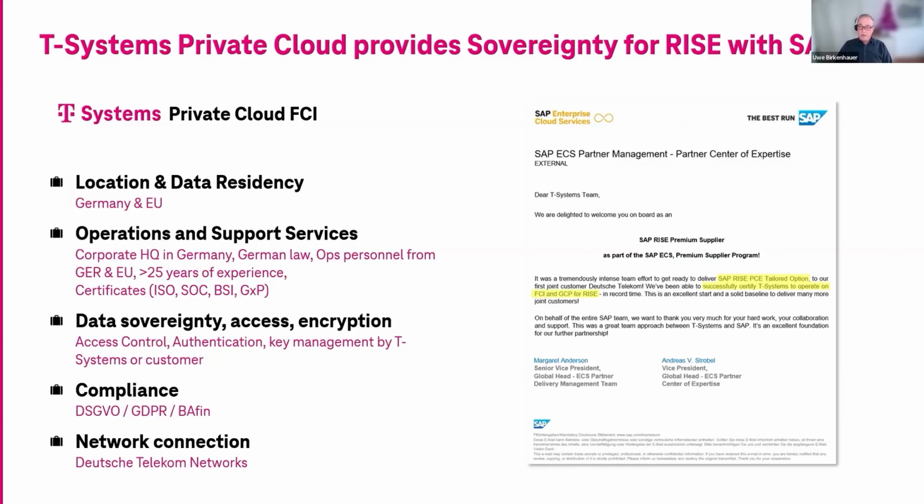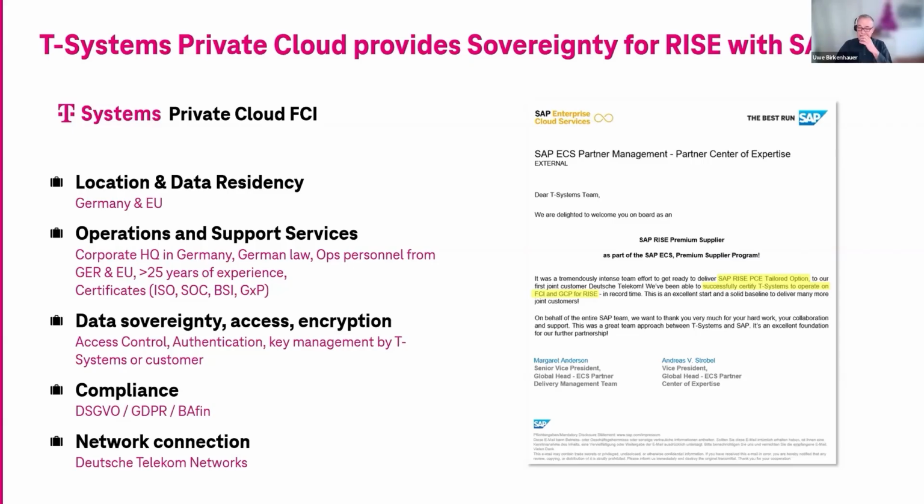It started in January 24, and we have a lot of customers that were very hesitant when they had to choose RISE, and they waited until there was a private cloud option in Germany. And if you see the properties of this platform, from a European point of view, it's a sovereign option that can be used in RISE.